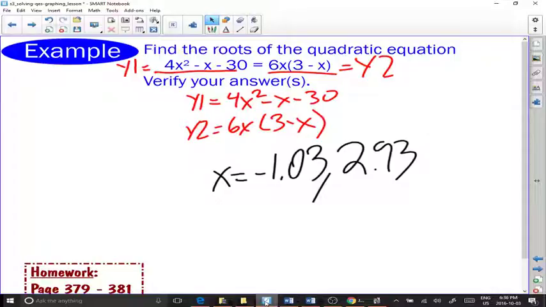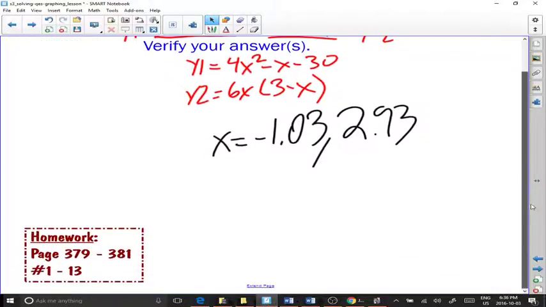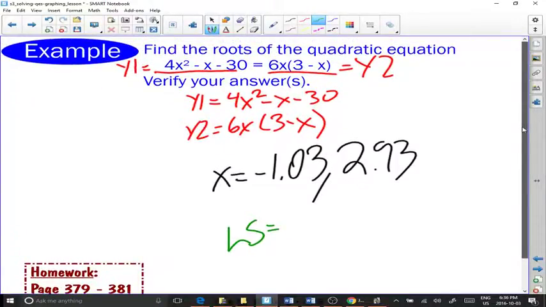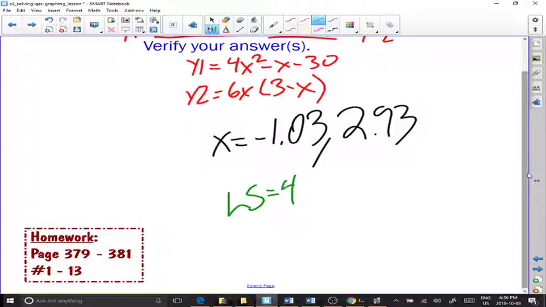That's what you have to do. So left side equals, and we could do this on the calculator too, which is nice. 4 times negative 1.03 squared minus 1.03 minus 30. So just plug that into the calculator.